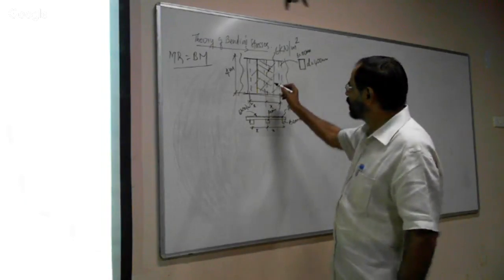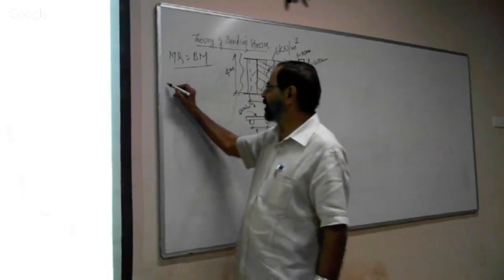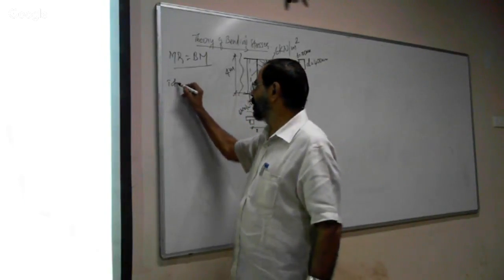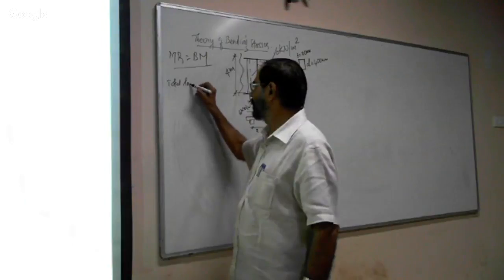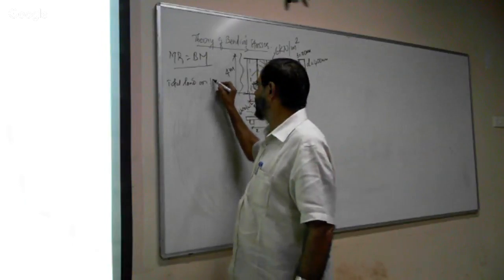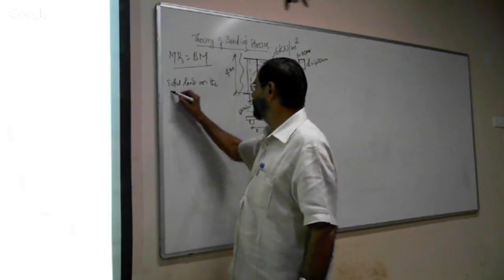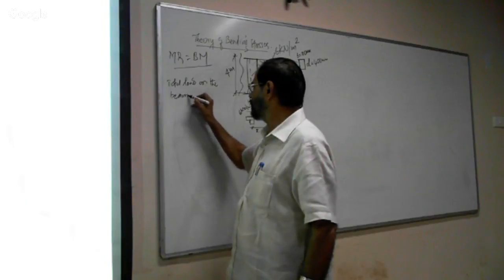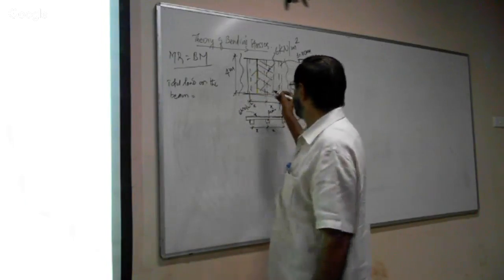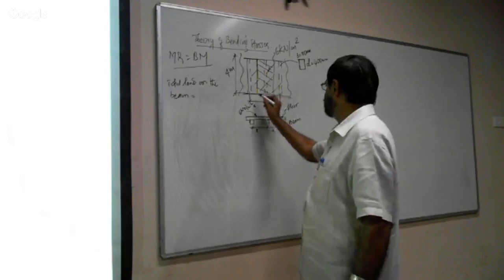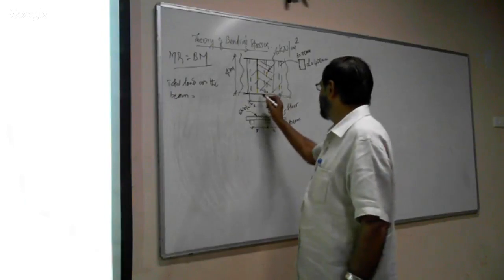Now therefore, total load on the beam is equal to area. Area is x distance, because center to center it is x.